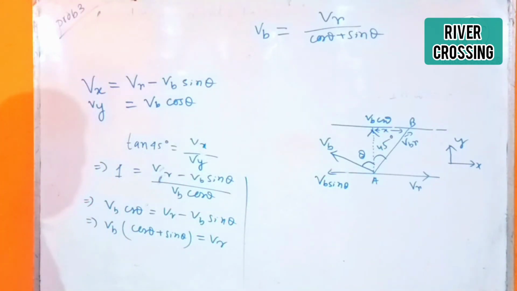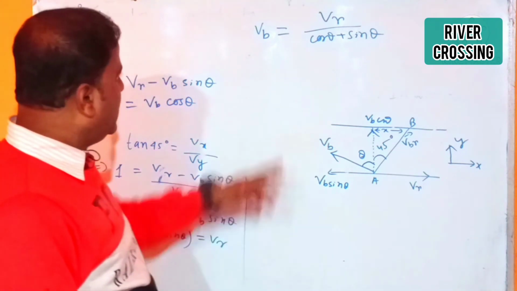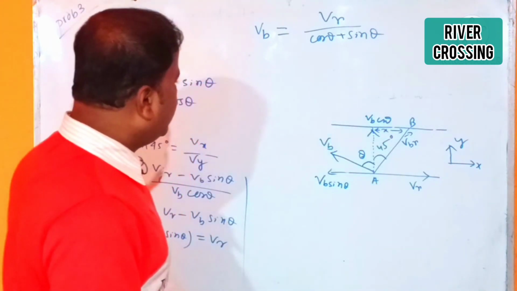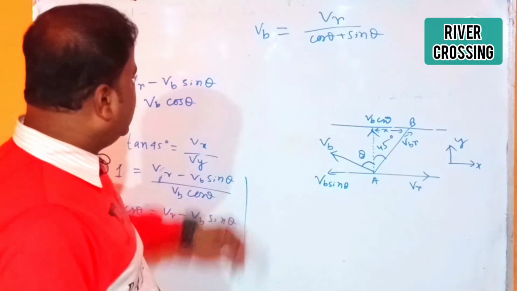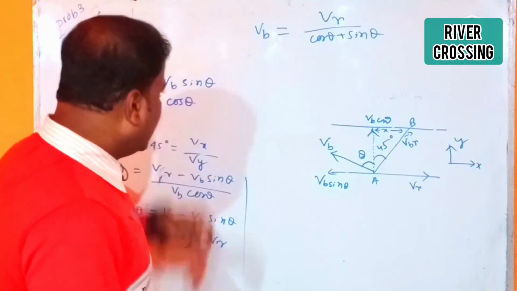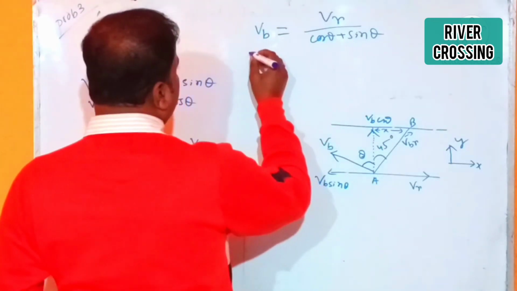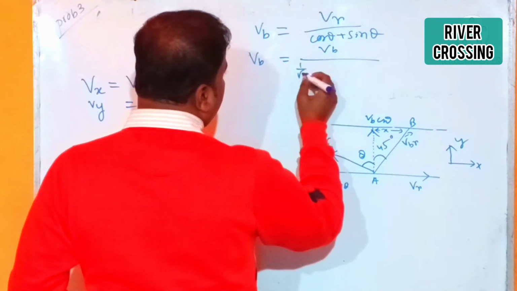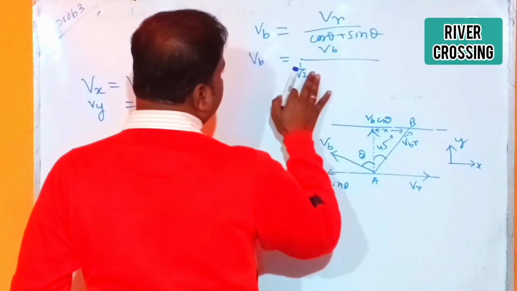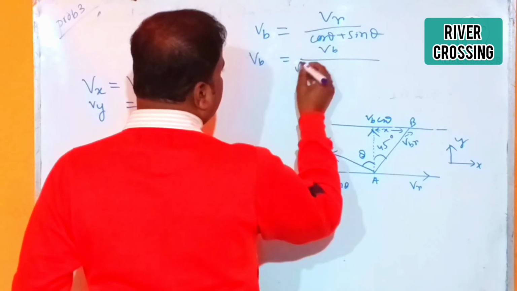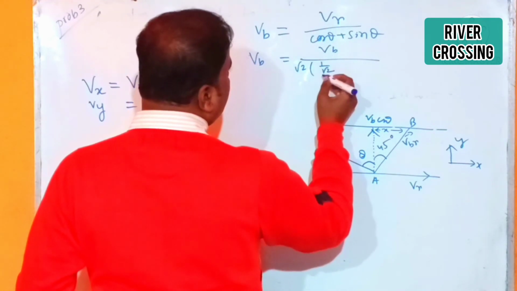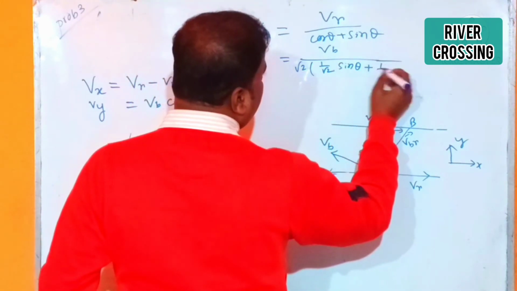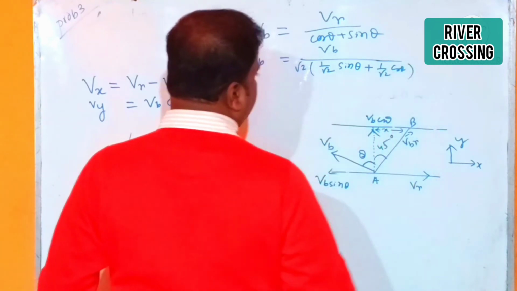Now we have to find out the condition for the minimum velocity of the boat, so that it will reach the point B. For this minimum velocity, now we modify the expression. Vr divided by root 2 into, first we write sin theta, 1 by root 2 cos theta.